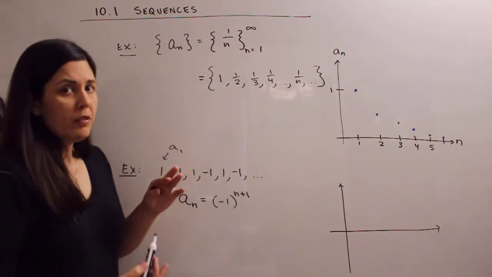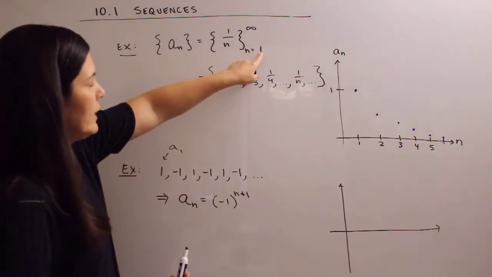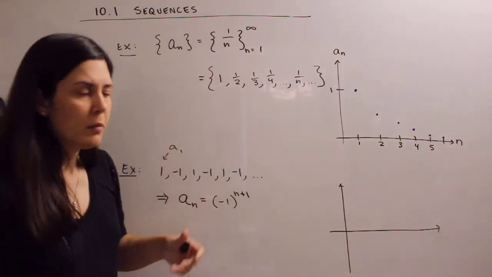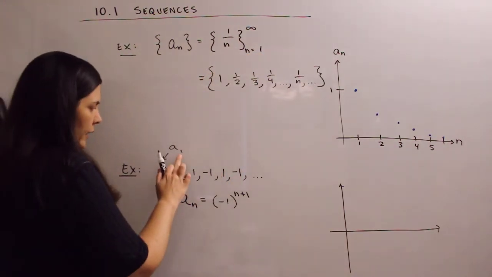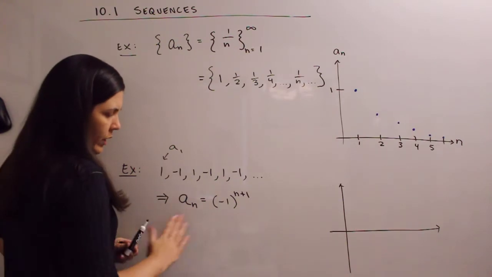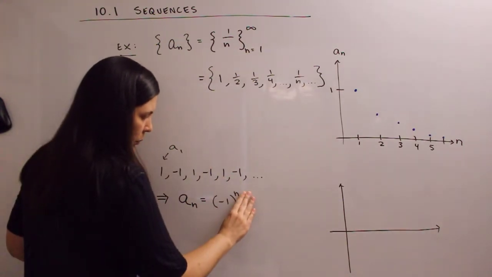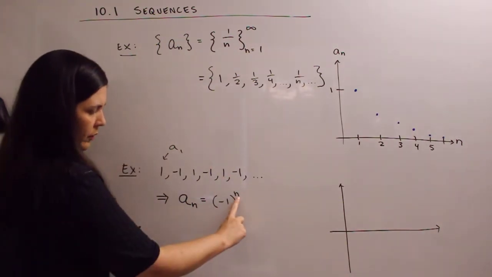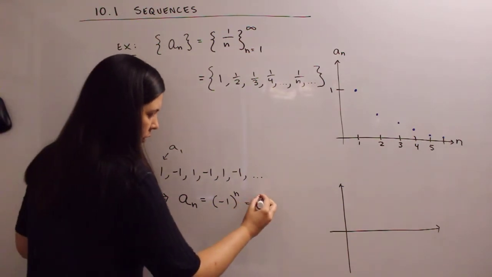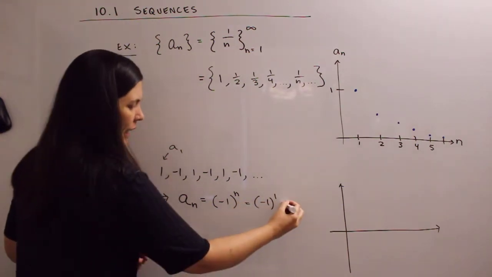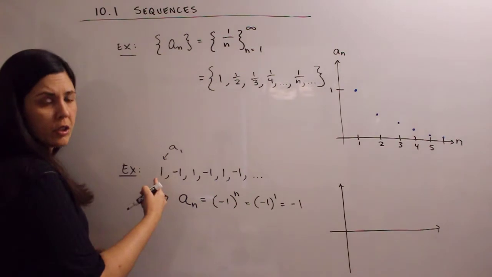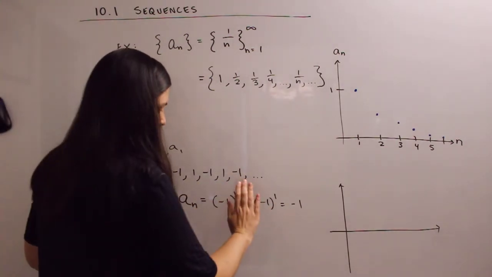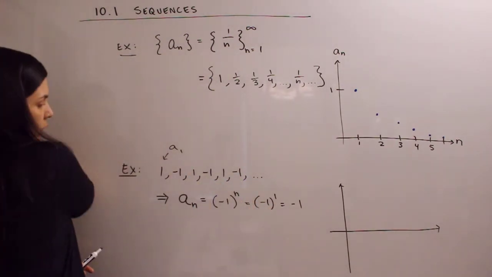Sometimes it'll be told to you differently, but not very often. They'll say something like n starts at 0. So if I plug in a 1, pretending I didn't put the plus 1, -1 to the 1st power is still -1, and that's not our first term. So if I would have just put n, that rule wouldn't have worked.